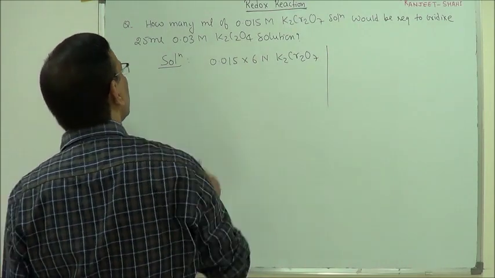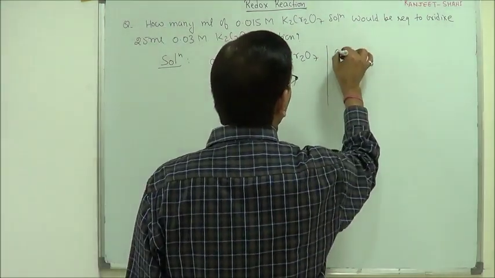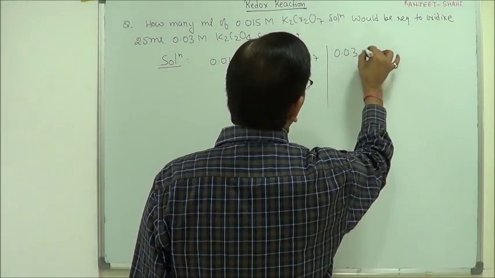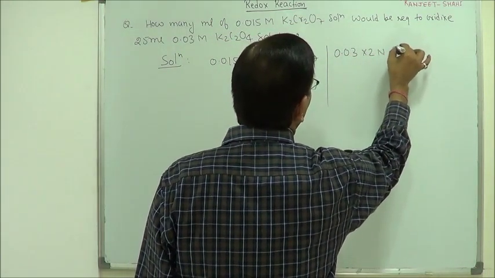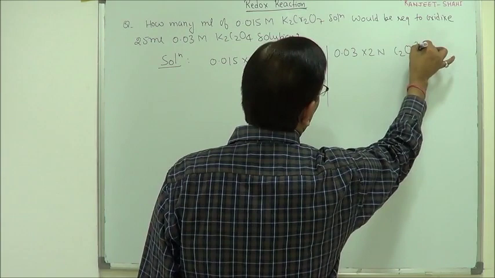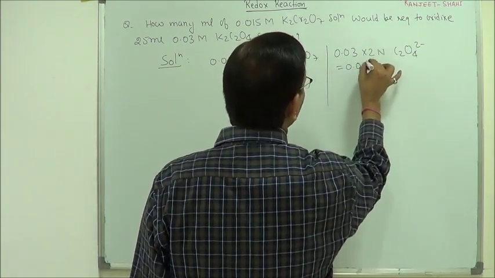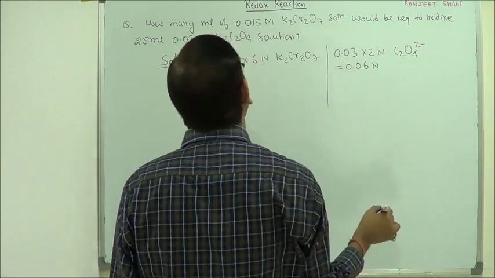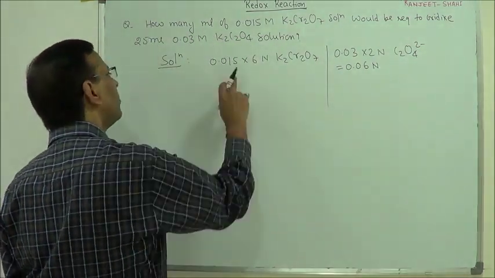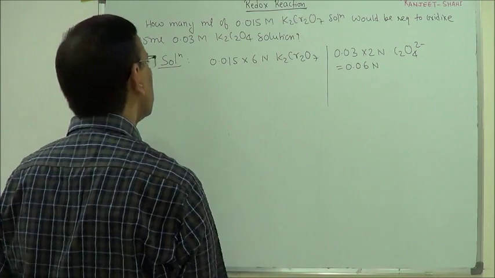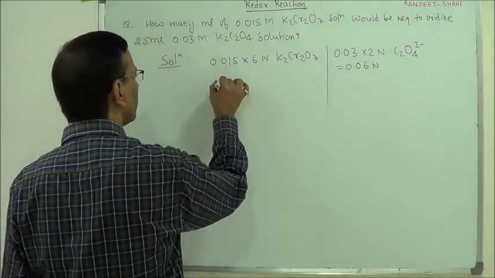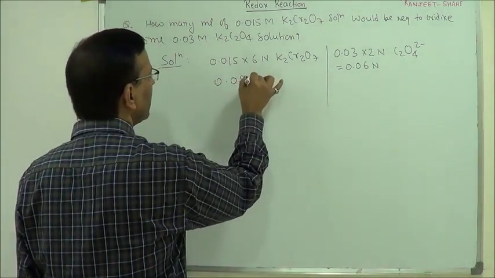On the other side, 0.03 into 2 normal of oxalate. So it is 0.06 normal. On this side, 15 sixes are 90, so 0.09 normal.